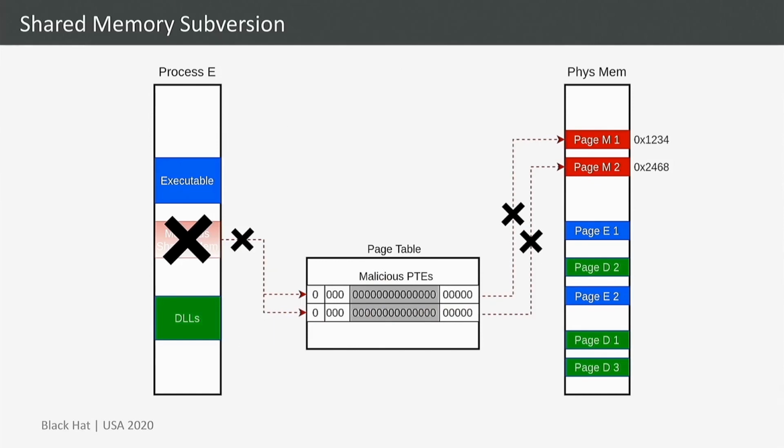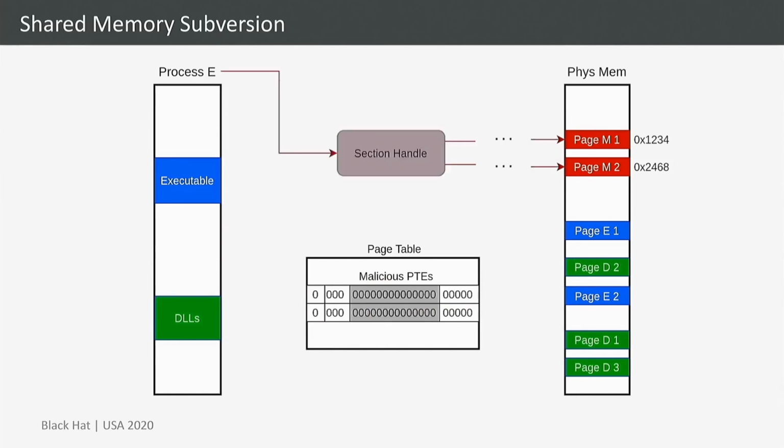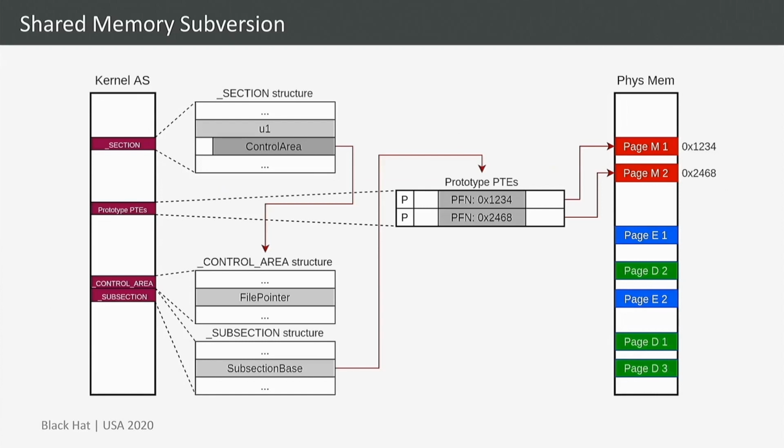This reference is more or less hidden behind this memory handle that the process keeps in order for the pages not to be erased. In the case of Windows, this memory handle is a pointer to a section object. And this section structure is located in the kernel address space.